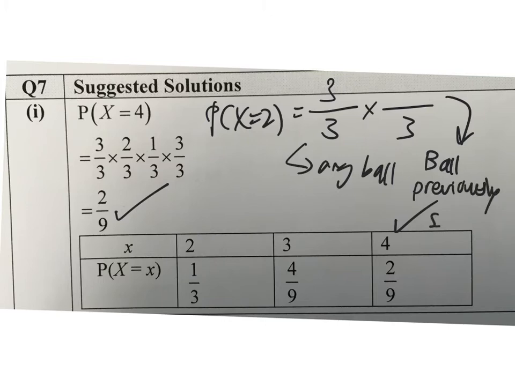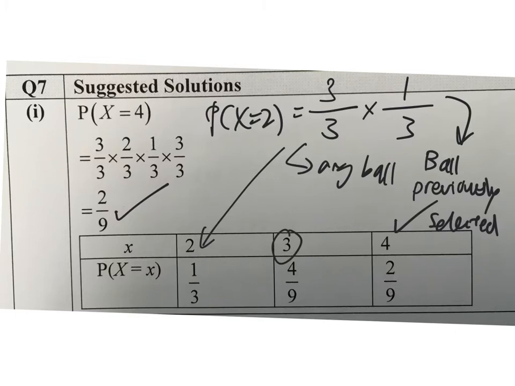So this can be any ball, but the second draw must be the ball previously selected. So this must be 1/3, right? So this gives us 1/3 here. Okay, and once you have 2/9, you have 1/3.